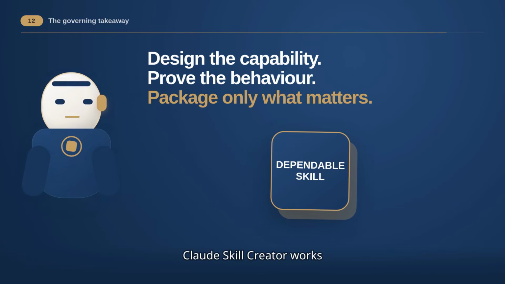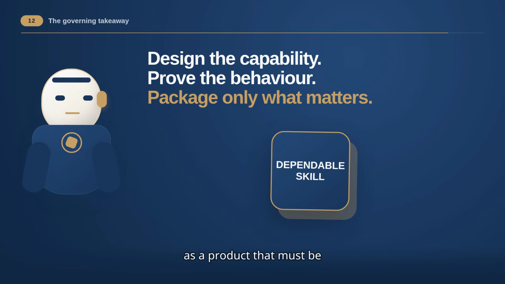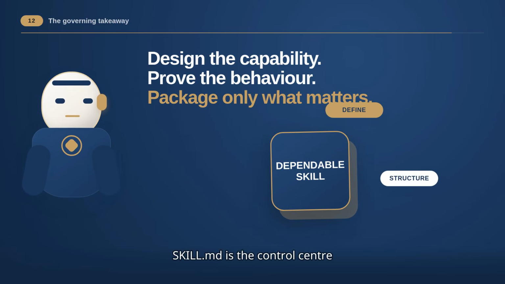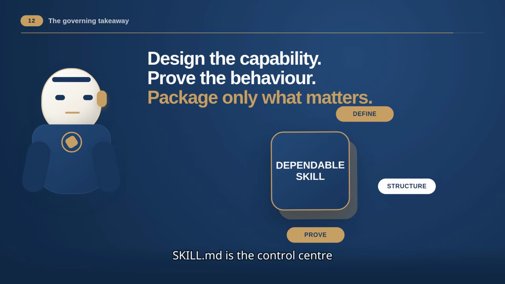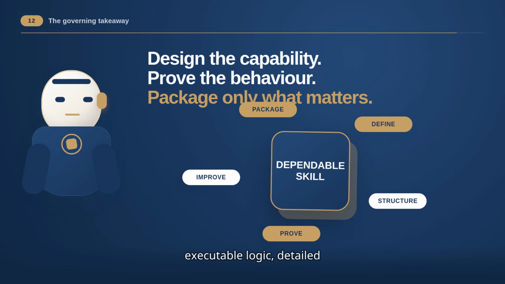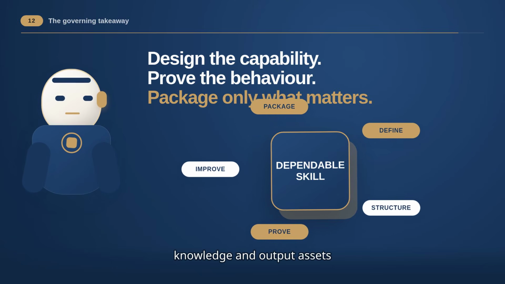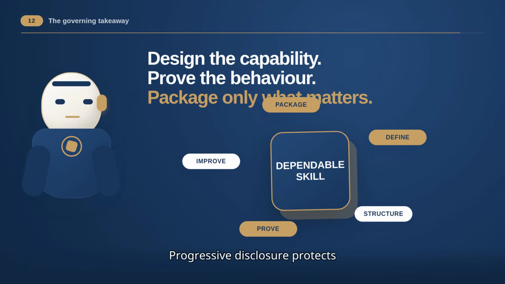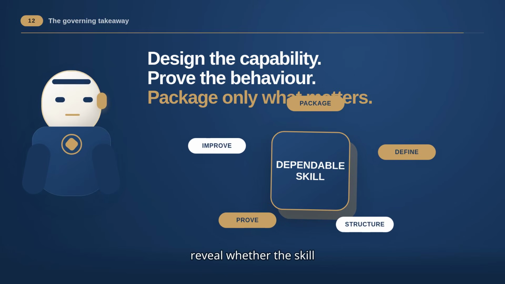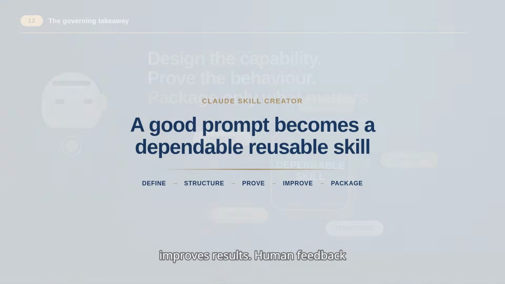Claude Skill Creator works because it treats instructions as a product that must be designed, tested, and improved. Skill.md is the control center. Supporting folders separate executable logic, detailed knowledge, and output assets. Progressive disclosure protects context. Realistic evaluations reveal whether the skill improves results.